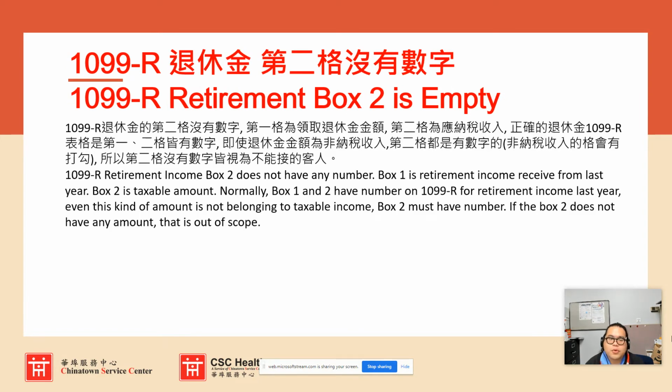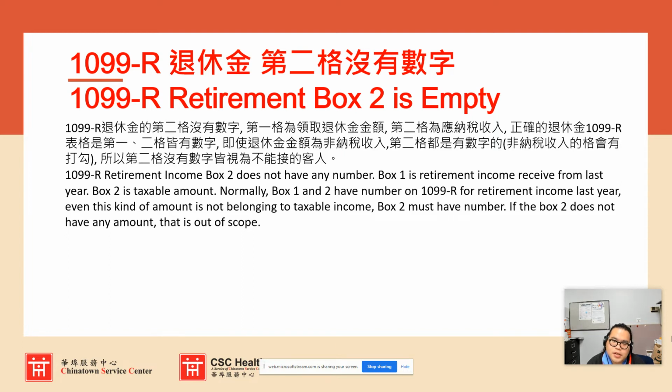Okay, and this one is about retirement. If the 1099-R retirement box 2 is empty, this is out of scope. For retirement income, mostly they have box 1 and box 2. They will have the same amount, or sometimes the box 2 amount will be less than box 1.